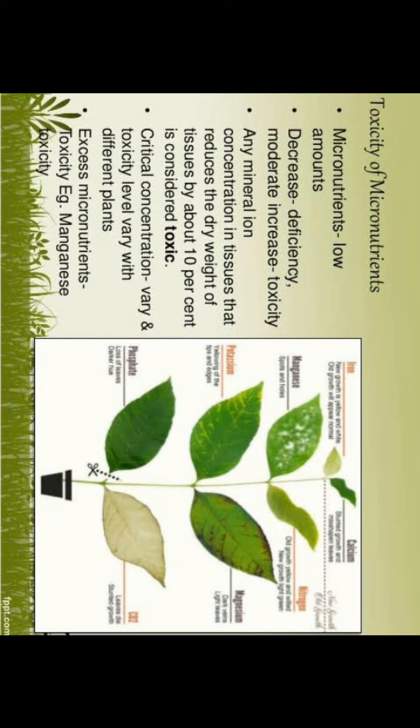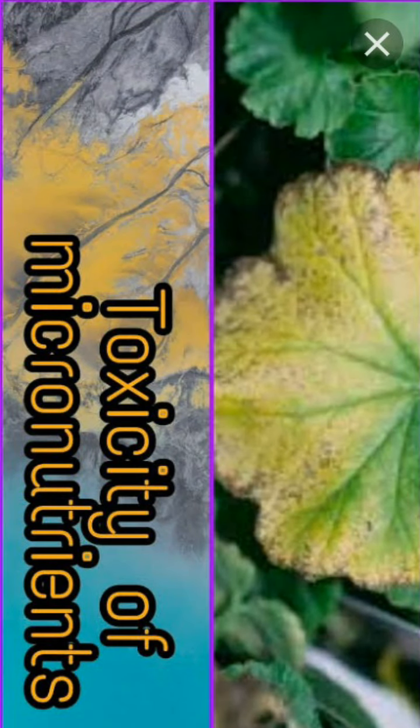For example, the prominent symptom of manganese toxicity is the appearance of brown spots surrounded by chlorotic veins. It is important to know that manganese competes with iron and magnesium for uptake, and with magnesium for binding to enzymes.